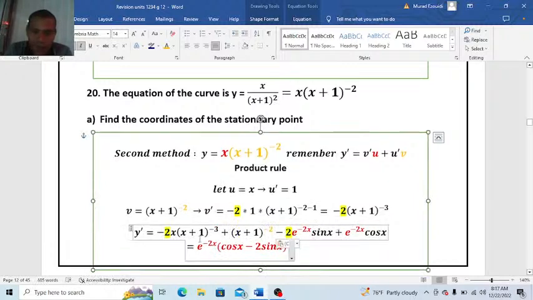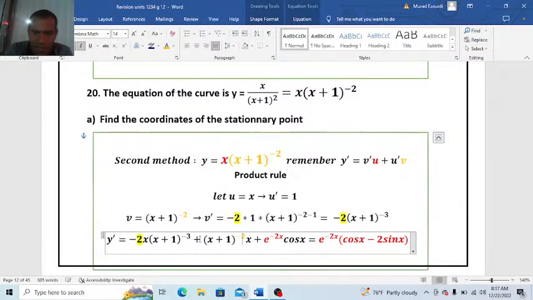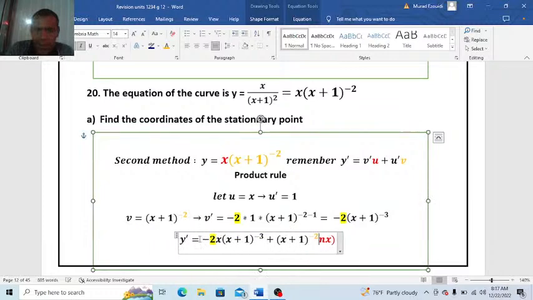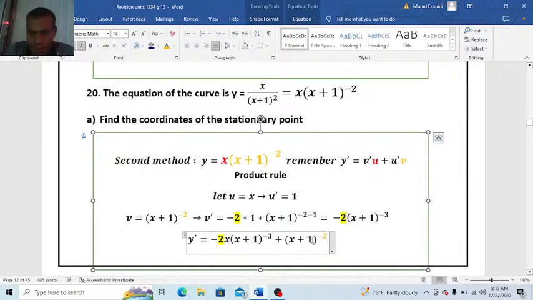Okay, I will erase all of this. Now this is the first derivative of the function y. I will change this into a fraction if possible.